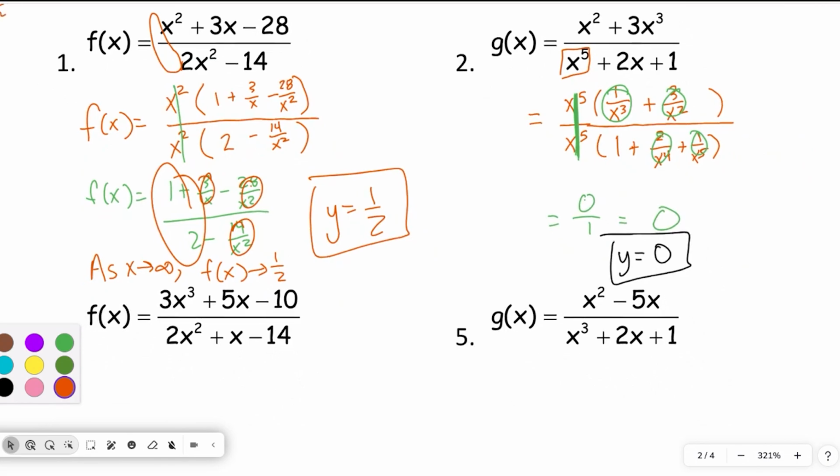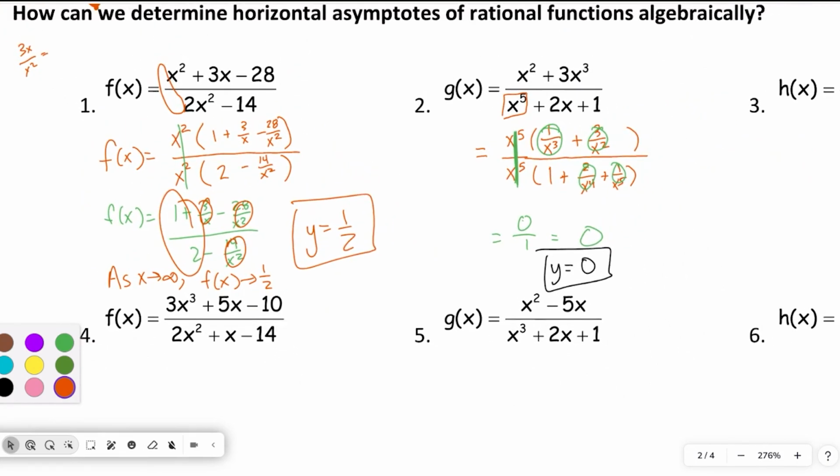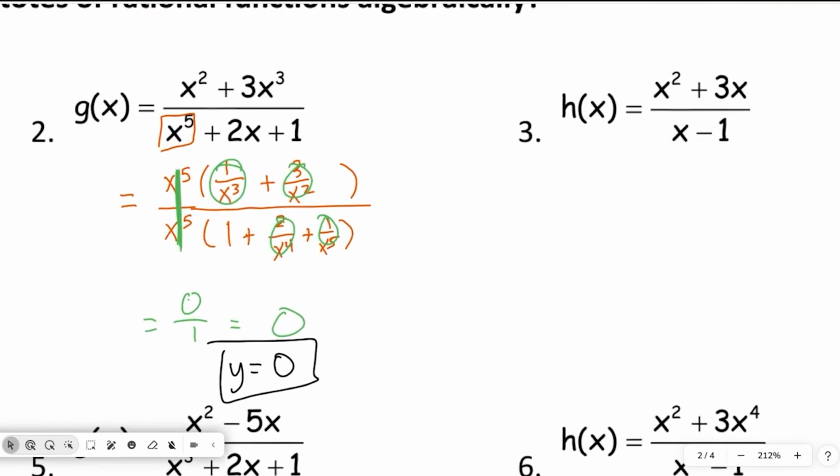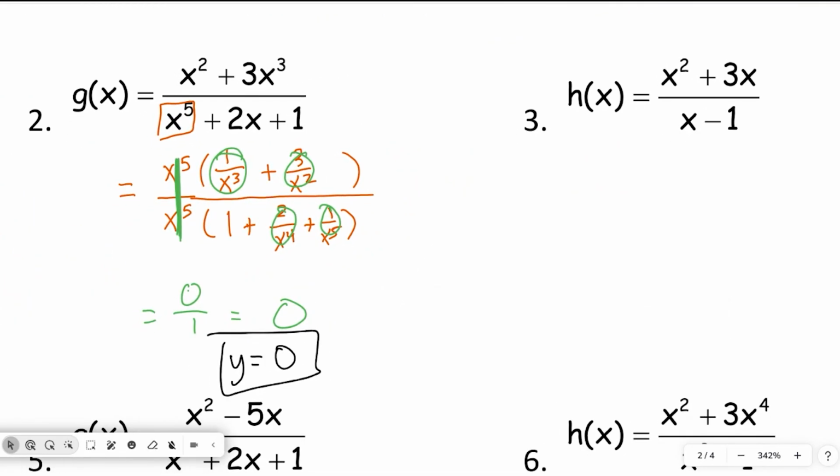Now, what happens if the degree on top is bigger? You guys remember what happens in that case? So what's the horizontal asymptote? Like, it won't be constant. You know, I'll say that much at least.